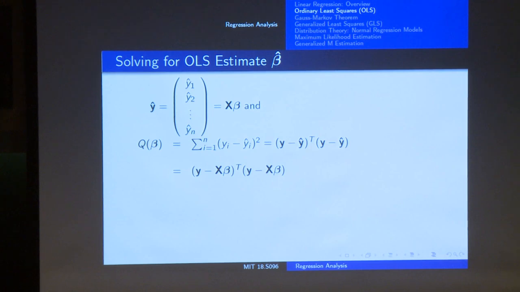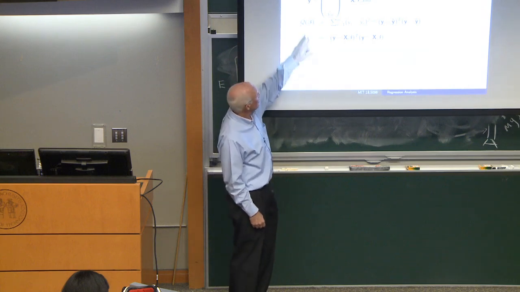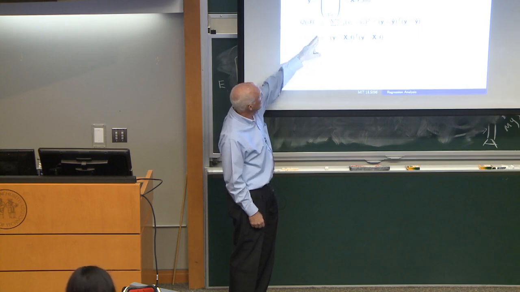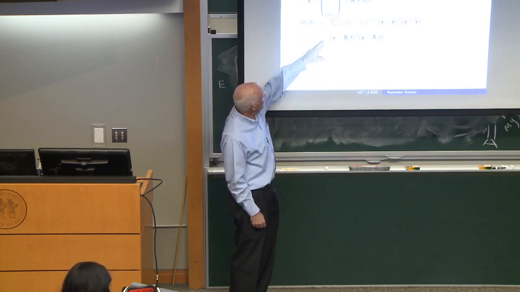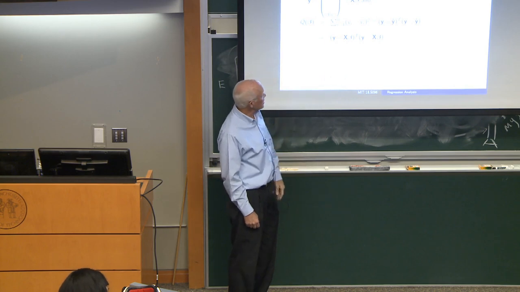We can now define our fitted value y hat to be equal to the matrix X times beta, and with matrix multiplication, that results in the elements y hat 1 through y hat n. And Q of beta can be written as (y minus X beta) transpose (y minus X beta).